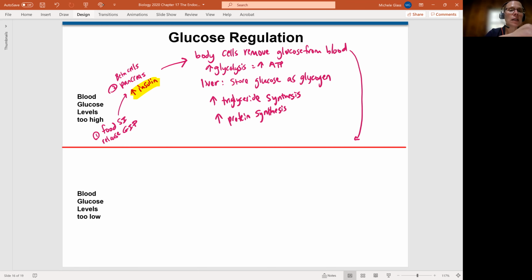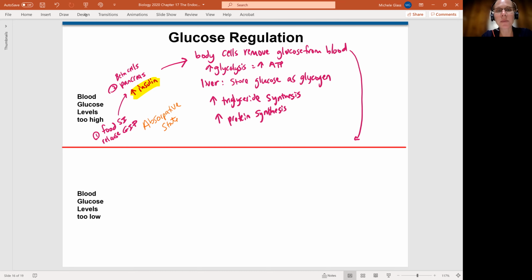If we're in this stage where we're eating food, then we call this the absorptive state. We're actively in this period, absorbing nutrients from our small intestine and using those nutrients for our cellular processes.